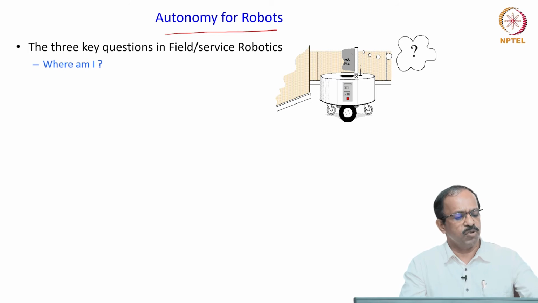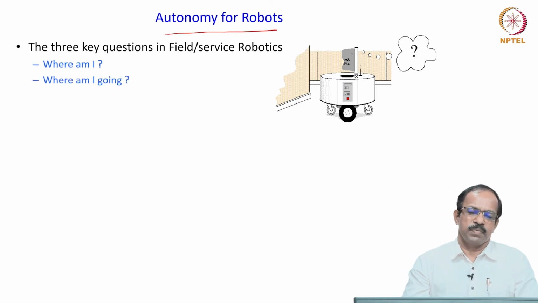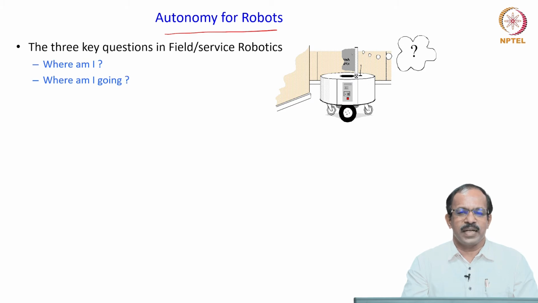The next question is, where am I going? What is the target, or what is my destination? This comes from mission planning, which the user would have planned. Once the robot knows where am I and where am I going, the robot has to decide, how can I get there?